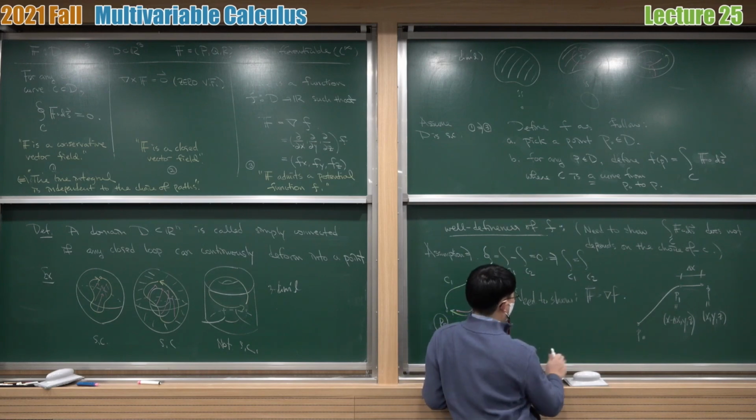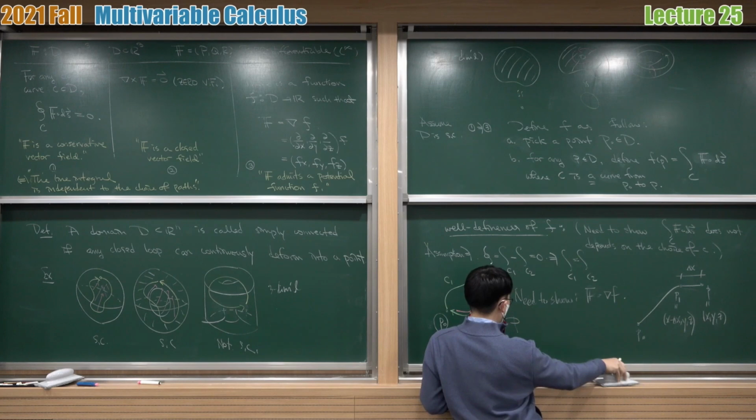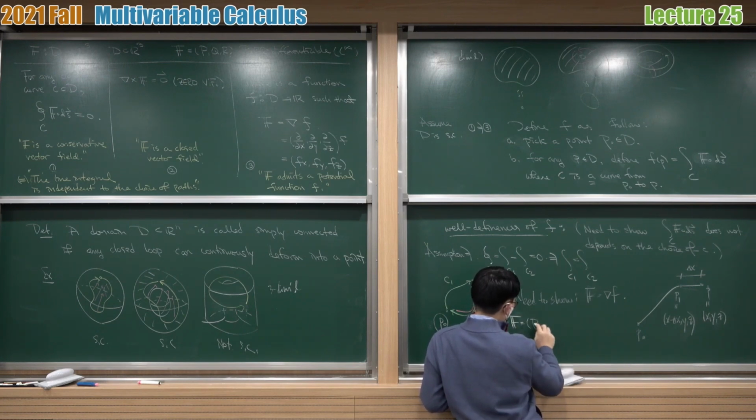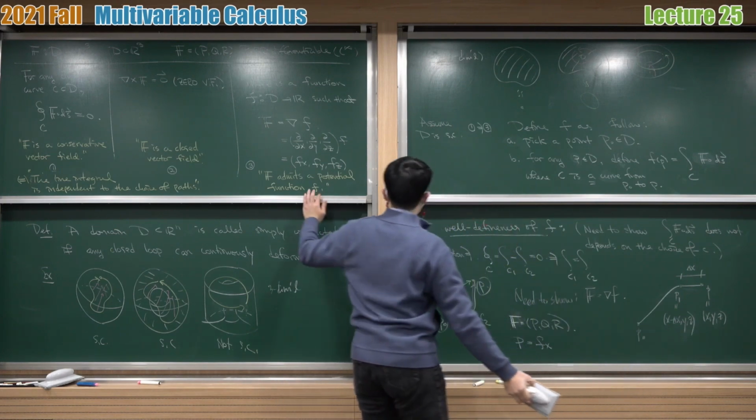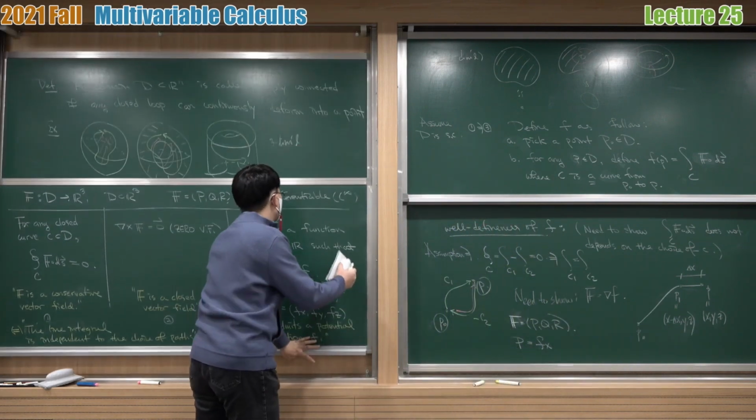What I'm trying to show is that if F is given by P, Q, R, then P is equal to fx.